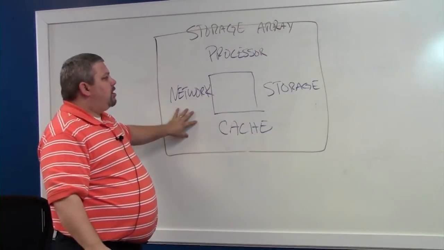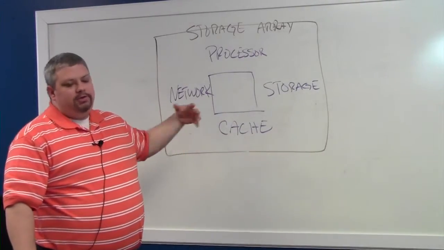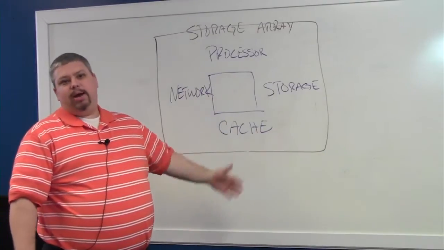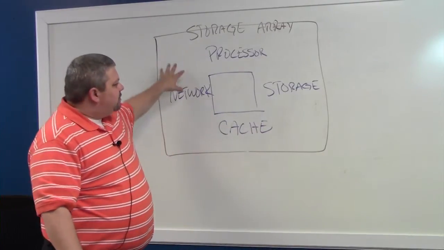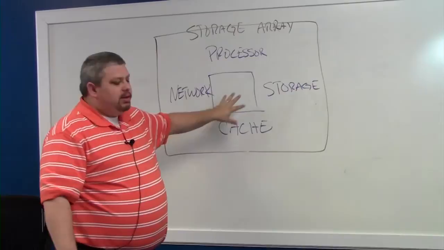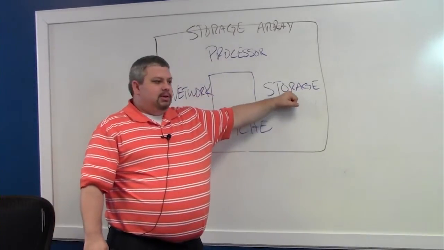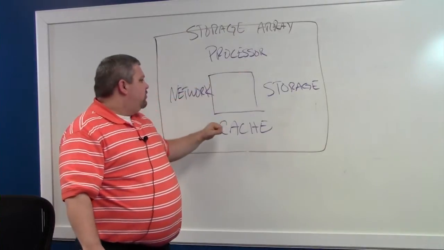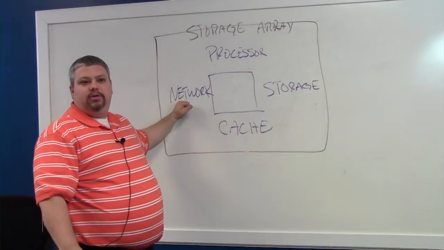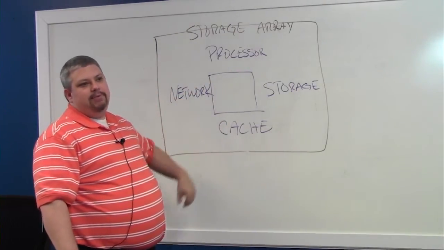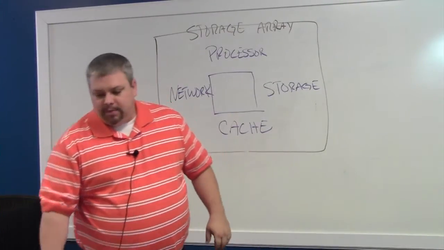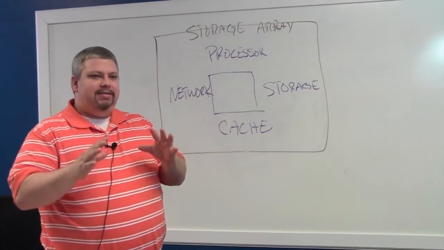This is really what they're talking about. It's usually a 2-rack unit or a 3-rack unit device that does all of these functions and takes a group of disks, writes information to them, and spits it back out to the servers or the clients that need that information. So those are the basic components.